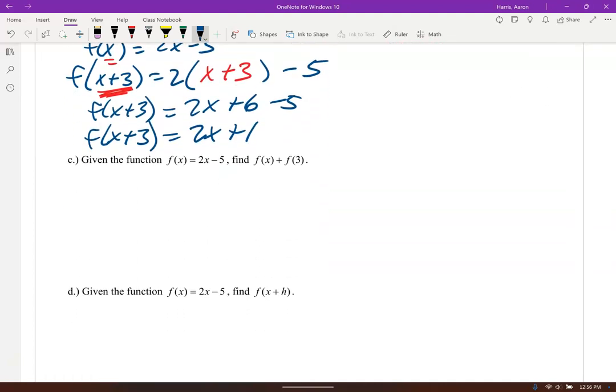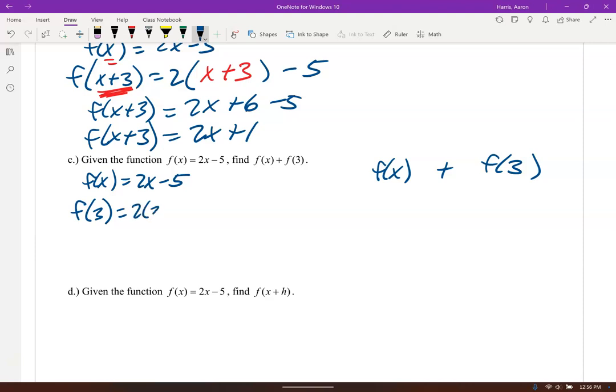How about f of x plus f of 3? Well, f of x is 2x minus 5. So that's f of x. And we're going to find f of x, and then we're going to add it to f of 3. Now, what would f of 3 be? So let's go to the side, find f of 3. Well, let's plug 3 in for x. So we got 6 minus 5 is 1. f of 3 is 1.